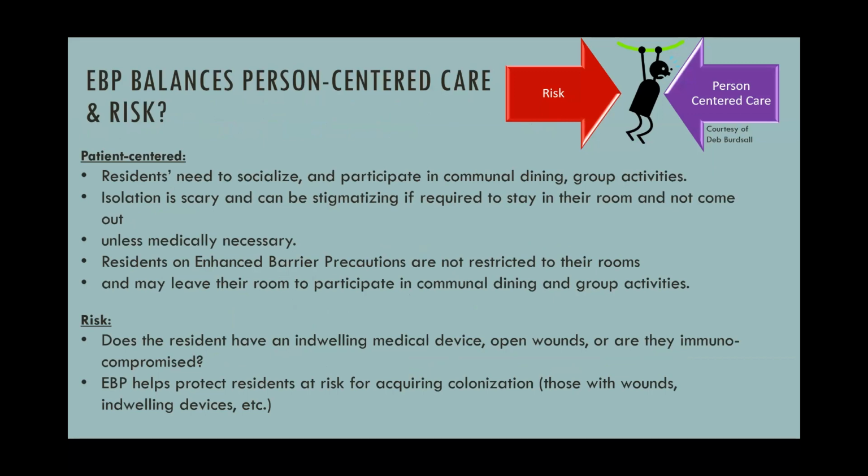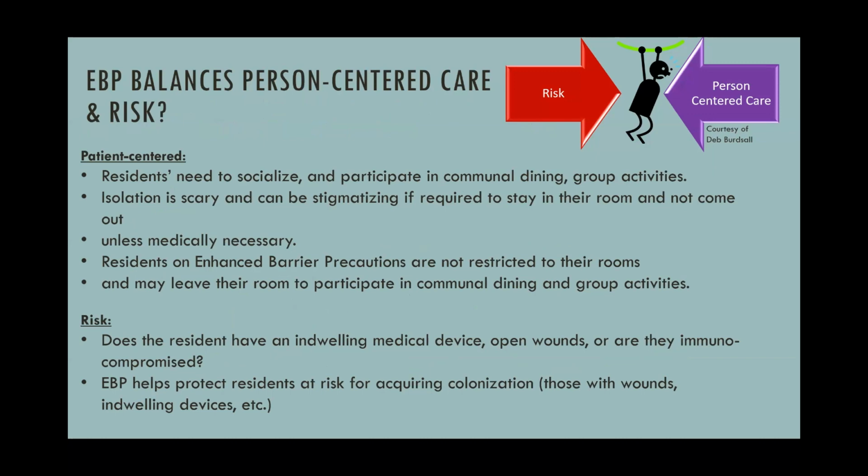Enhanced barrier precautions, or EBP, balances person-centered care and risk. What do we mean by person or patient-centered? The residents need to socialize and participate in communal dining and group activities. Isolation is scary, and it can be stigmatizing if required to stay in their room and not come out.